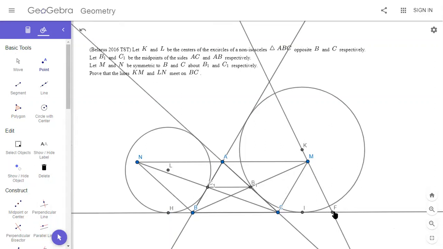Yeah, so we're trying to prove N, L, and F collinear. So I wonder if we could prove angle NLF and do some angle chasing to prove that NLF is in fact a straight line. Yeah, I think that's a good idea. Let's see if we can do that.